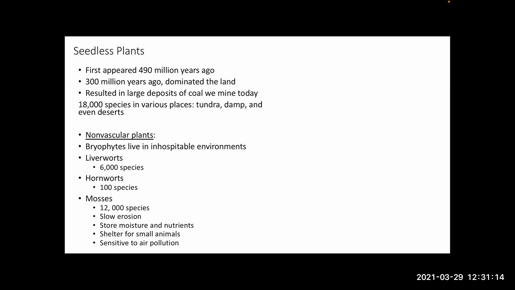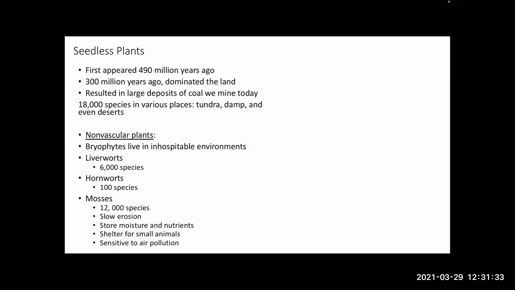And mosses are really important. You've seen moss growing, right? You've seen it growing in patches or beds on the soil surface, and they're really compact, and you can almost peel up the moss mat, right?